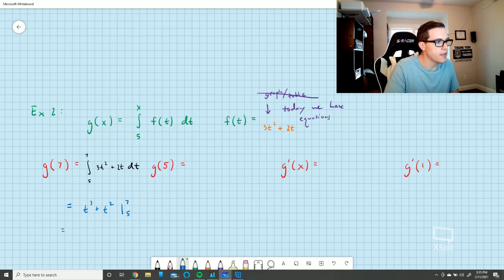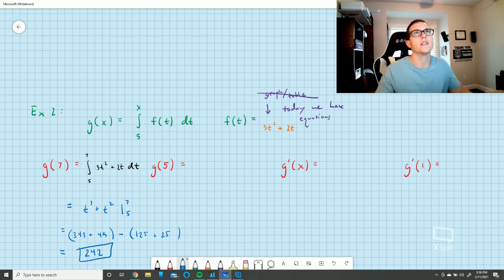Plug in 7, you get 7 cubed, which is 343, plus 49, minus, plug in 5, you get 125 plus 25, which is 343 plus 49 minus 125 minus 25. Oh, my calculator just died. I'm using decimals too much. 242.